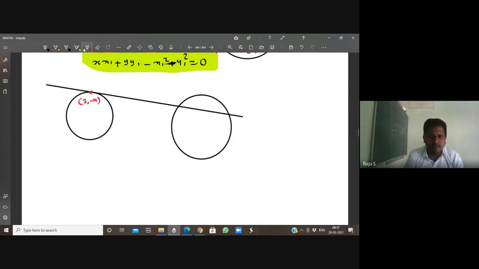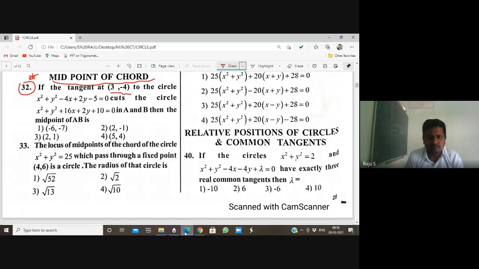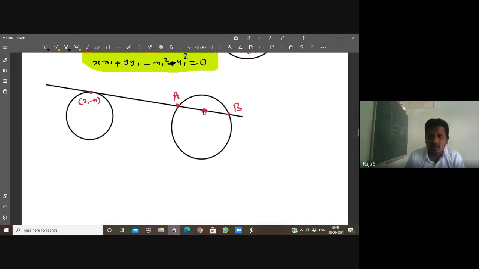The tangent of the first circle cuts the other circle at two points, capital A and capital B. Then they are asking, what is the midpoint of AB? Very logical question. Okay, the tangent of the first circle at 3 comma minus 4 cuts the other circle at two points A and B. Then what is the midpoint of that chord AB?